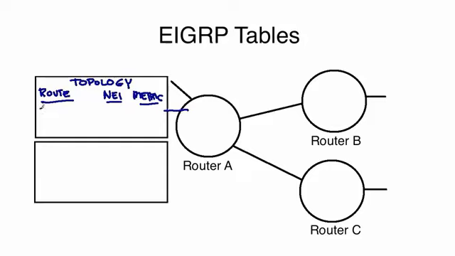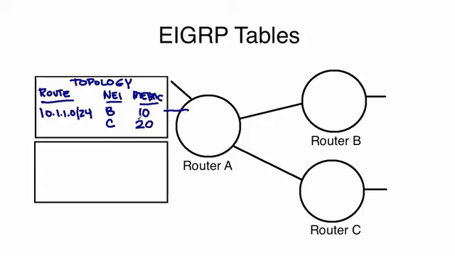So in this example, let's say the route itself is 10.1.1.0/24. And let's say we learn this route from both router B and from router C. So this topology table is filled out with 2 entries for the same route.